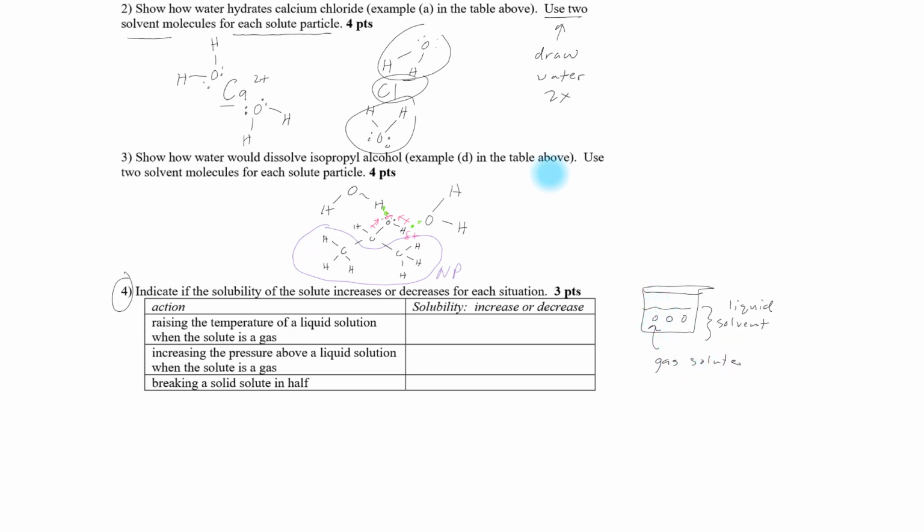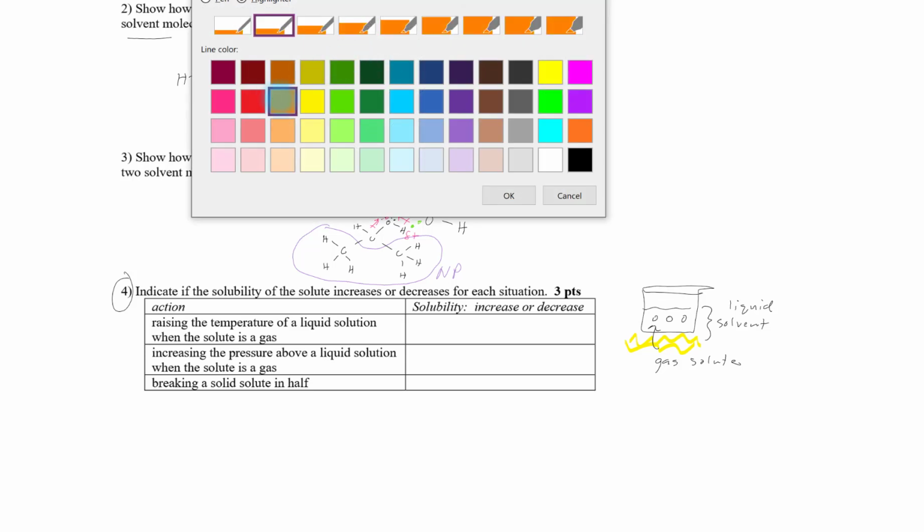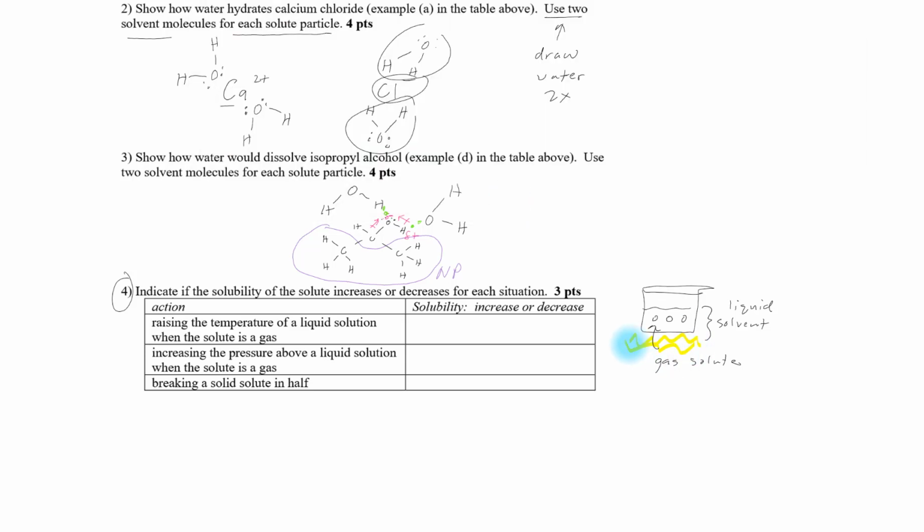If you heat it up, so let's add some fire, you heat up the water or whatever liquid that is, and then the gas would escape more. So there would be a decrease in how much gas is solubilized in the liquid. So we're gonna write decrease.